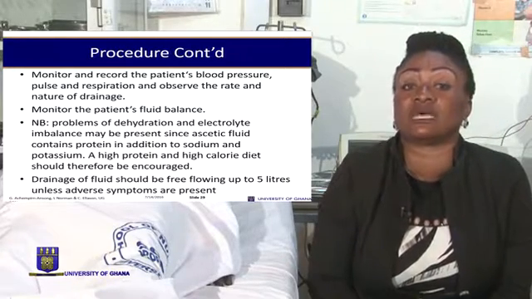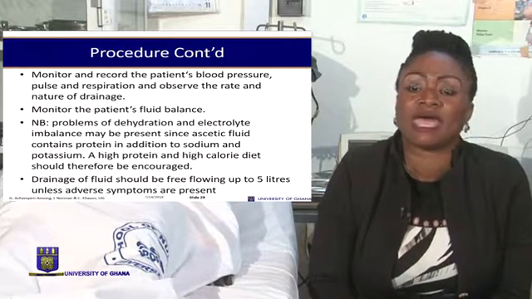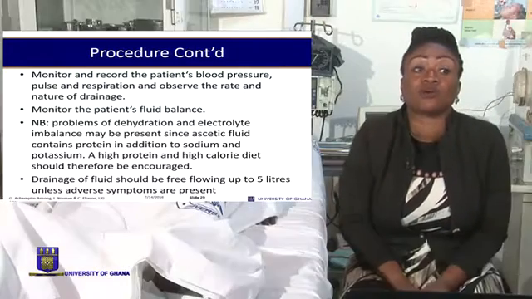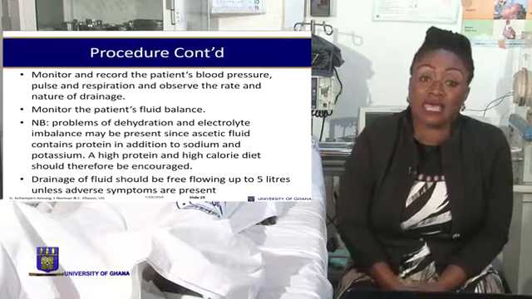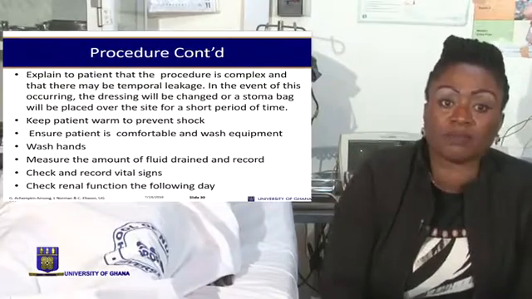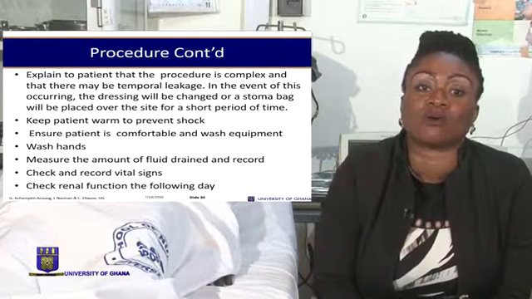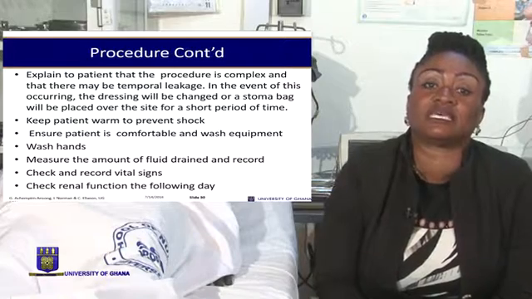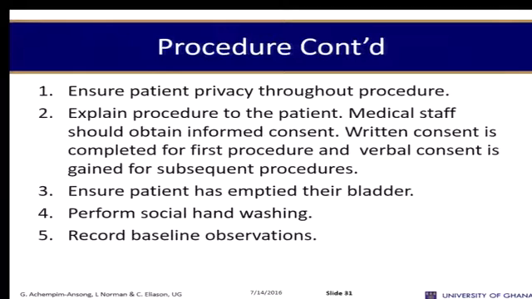The patient is again observed for signs and symptoms of shock, and the drainage is observed for color, amount, and consistency. The patient is kept warm to prevent shock. The hands are washed, and sometimes renal function is also checked after the procedure as ordered by the doctor.